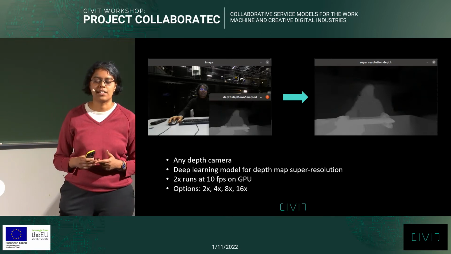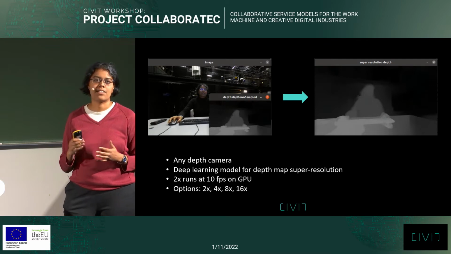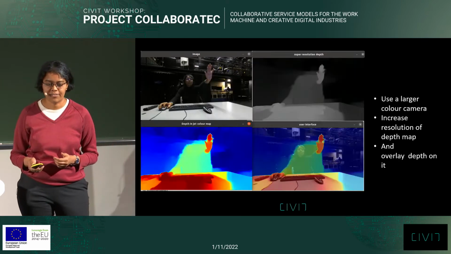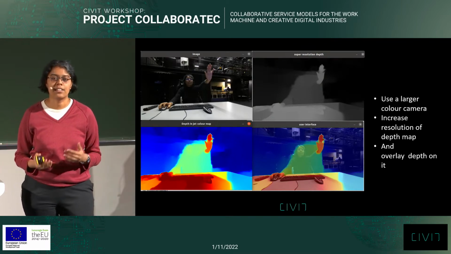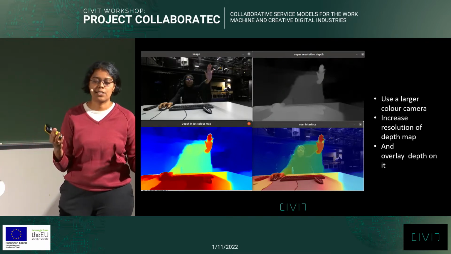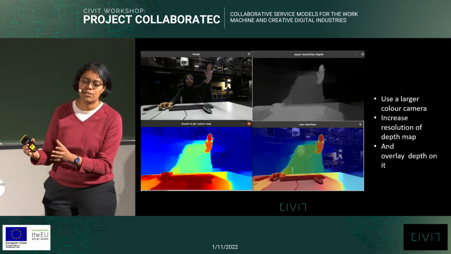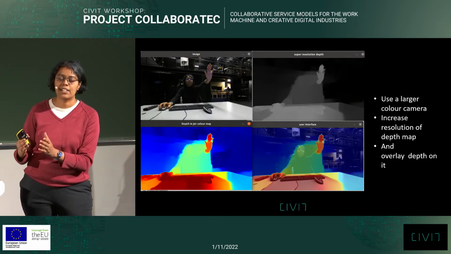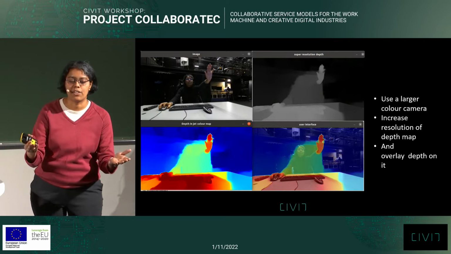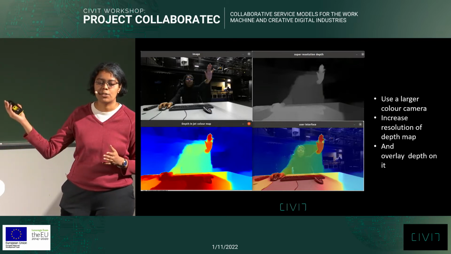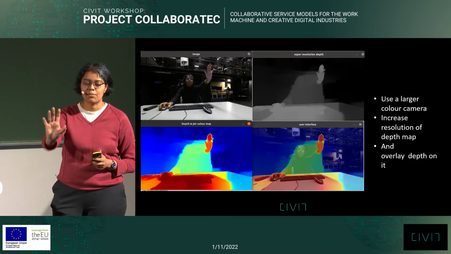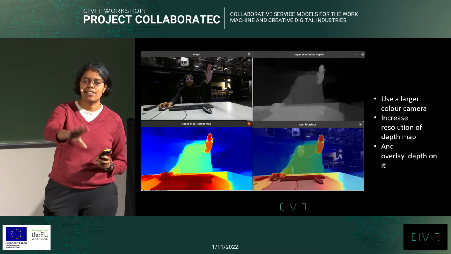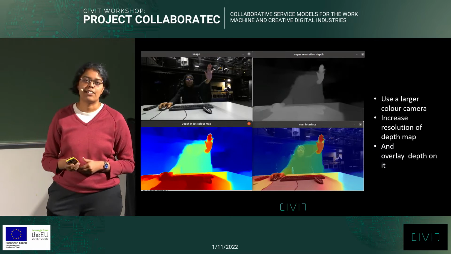It supports 2 times, 4 times, 8 times, and 16 times super resolution. We could use a higher resolution color camera, take a lower resolution depth map, increase its resolution, and then overlay it on top. You can come to our demo down there, and in this example, you can see that my hand is in front, and it's shown in red in the overlay.